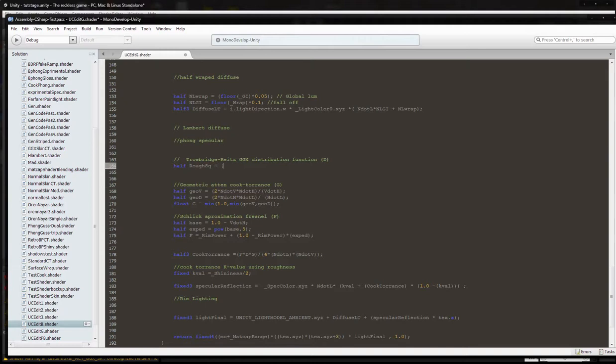That's going to be equal to shininess times shininess.